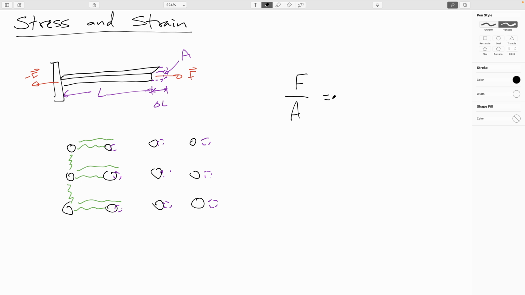And then similarly, what would be a good proxy for how much one of these atoms got stretched? That would be to take the stretch of the whole thing and divide it by the original length. This will give me a percentage stretch of each atom.